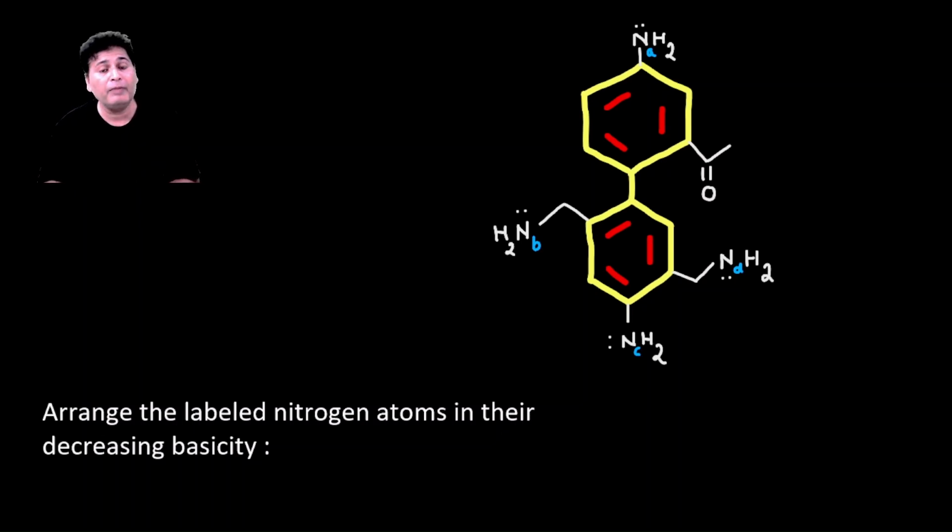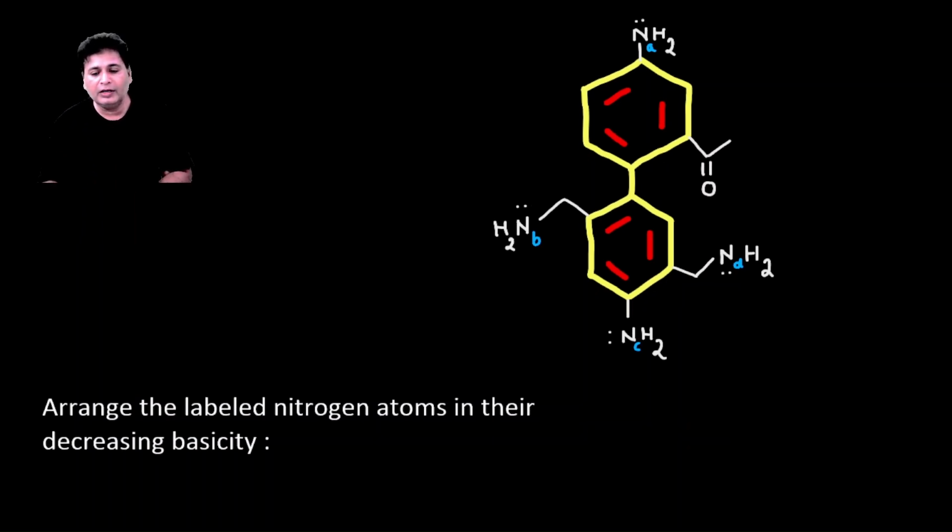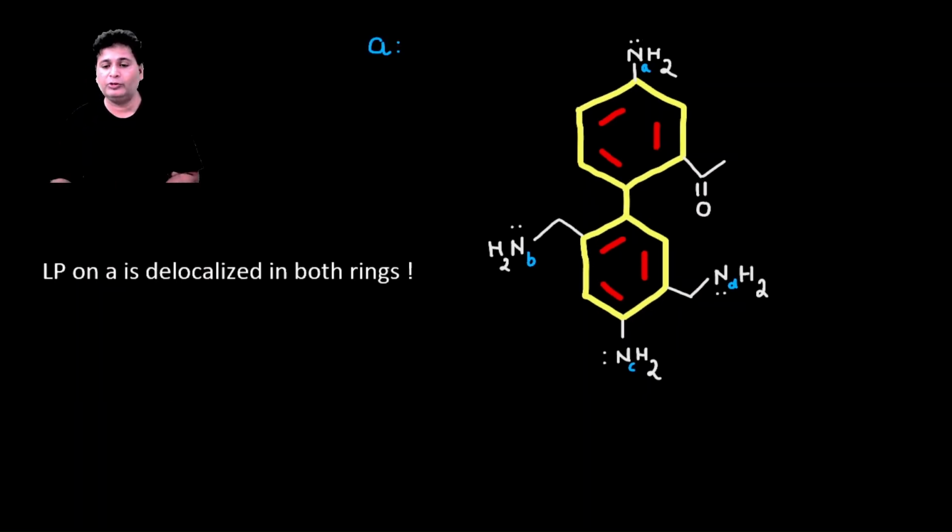So we will take up all the cases one by one and think about the availability and conjugation. Starting with option A, nitrogen number A, you can simply see that the lone pair on nitrogen A is in conjugation. How?